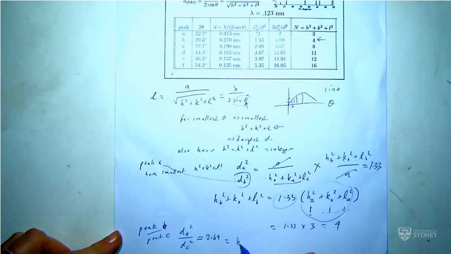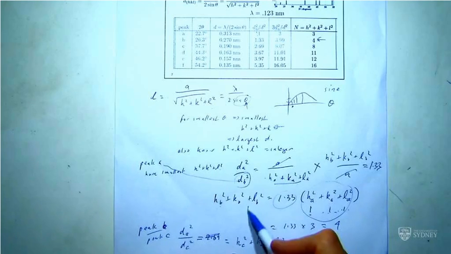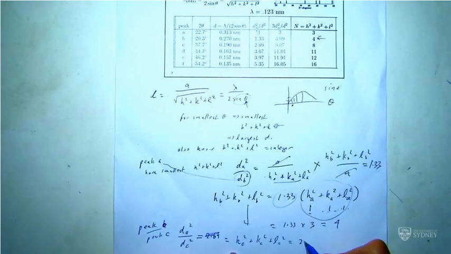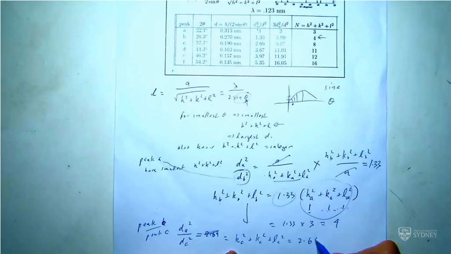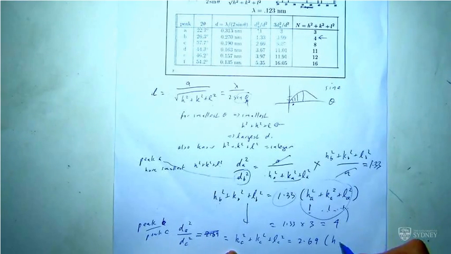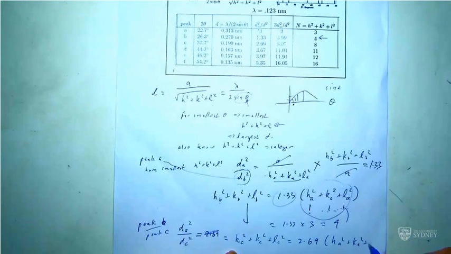In this case, it's going to be HC squared plus KC squared plus LC squared equals to... sorry, we've got the same thing here, equals to 2.69 times HA squared plus KA squared plus LA squared.